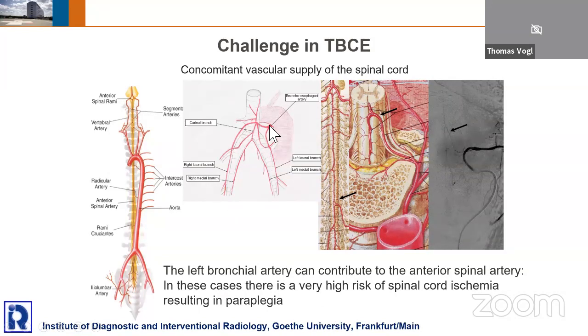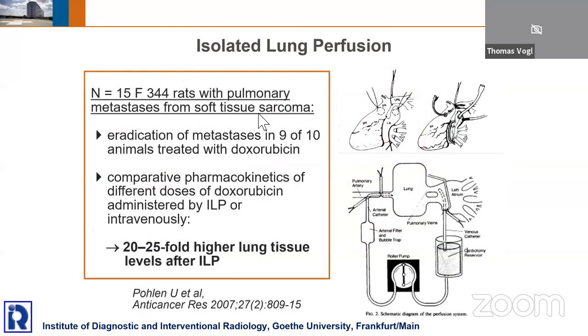So if these bronchial arteries are of a small caliber, it's a real challenge to inject drugs there, and you have to be extremely careful and exclude via angiography that you don't have any connections to the anterior spinal cord artery. This is why our major interest was the isolated lung perfusion.